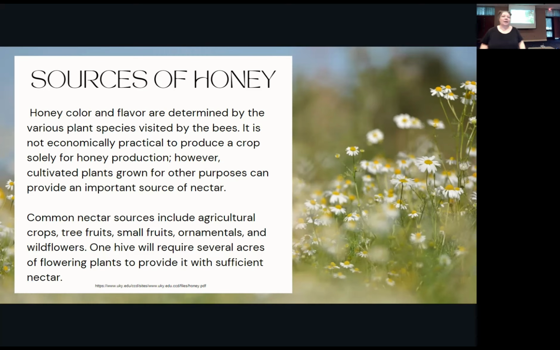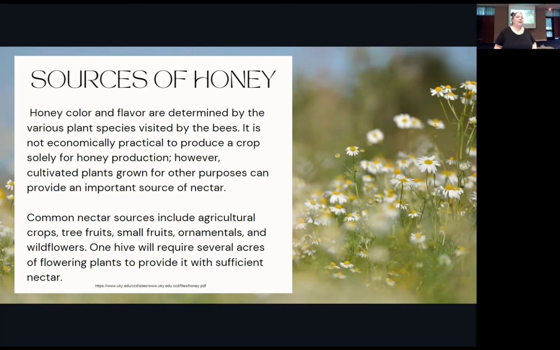So when you're driving around and you're looking at what's your neighbor planting in the yard, what ornamentals do they have? What trees do they have? And you circle around where you live for about 5 miles and you can go, okay, my honey's wildflower honey. Unless you get pollen testing, your honey's wildflower honey, or you live where I do and you're surrounded by cotton and that's the only thing blooming at that time of year, you can pretty confidently say it's cotton honey.